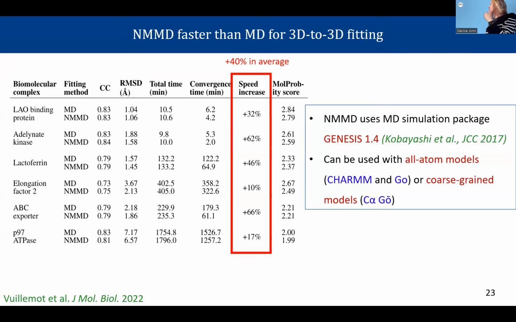This one is specialized for MD simulation, and it provides different models, like the one that I mentioned previously, full atomic CHARMM, and the Go models, which also have two versions, for all atoms and for carbon alpha, which means coarse grain model.